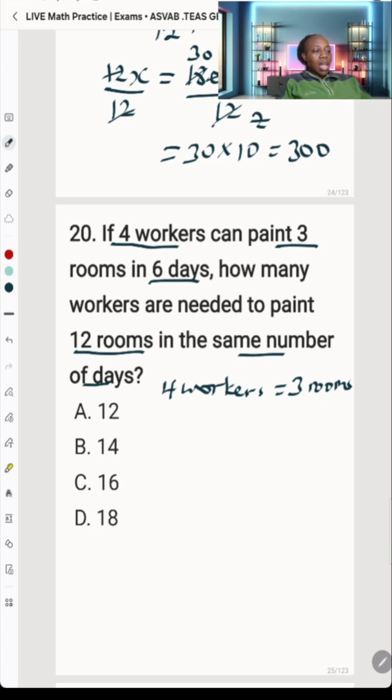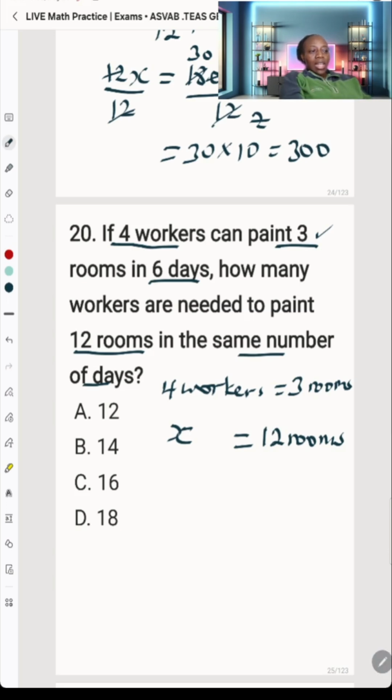Then we want to check how many workers, X, we need for 12 rooms. So if you are saying 12 rooms, 3 rooms, 4 workers, the same number of days, then that means 3 rooms, 4 workers.